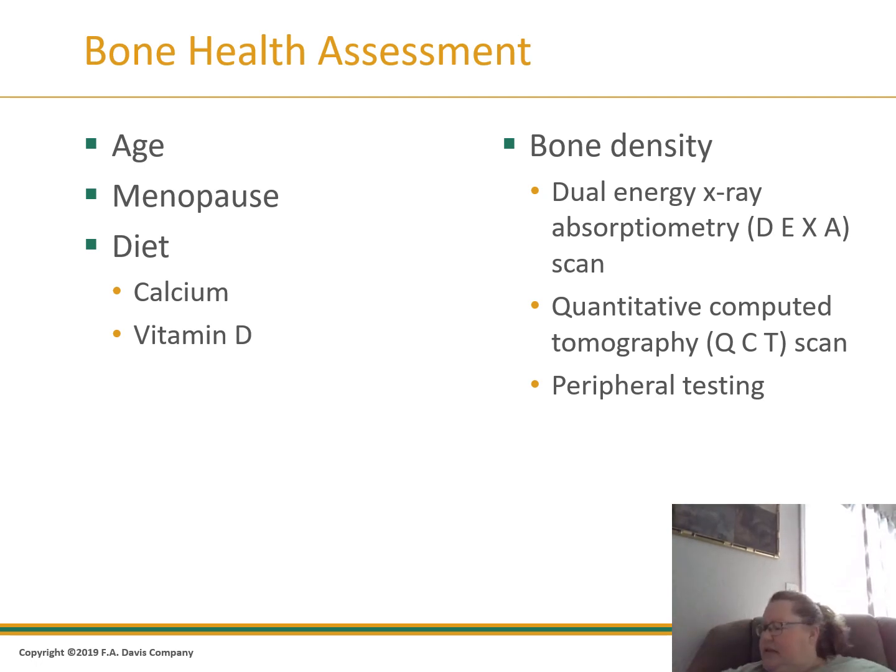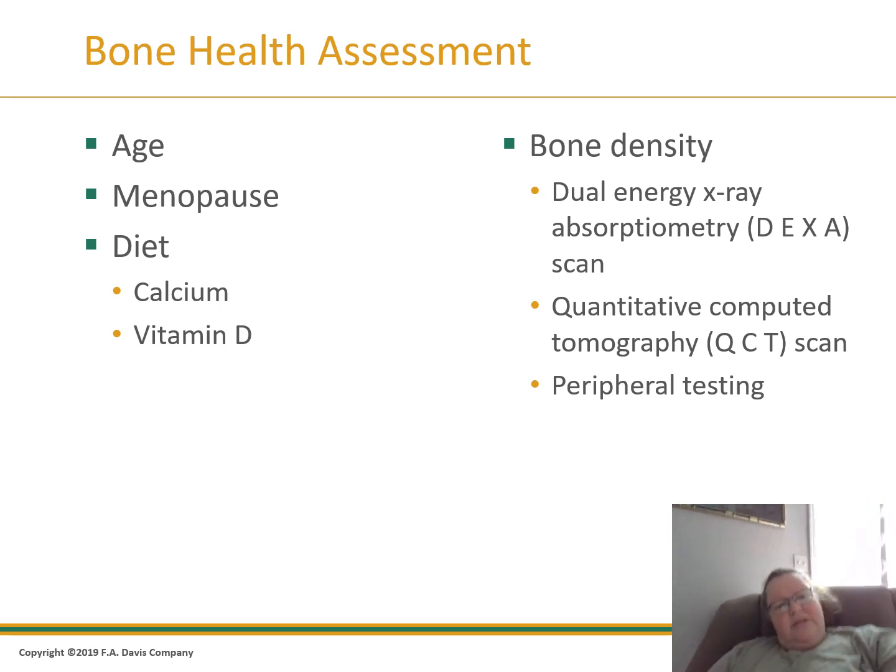Bone health assessments depend on age. If you're in your 60s and you've gone through menopause and you have a low calcium and vitamin D diet, you're going to be at a higher risk for osteoporosis. But really, the time to build up your bones is not when you're 60.